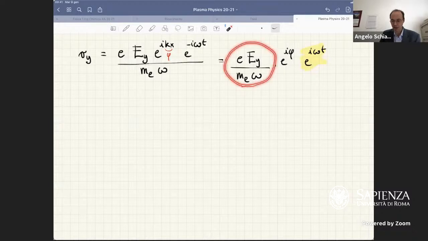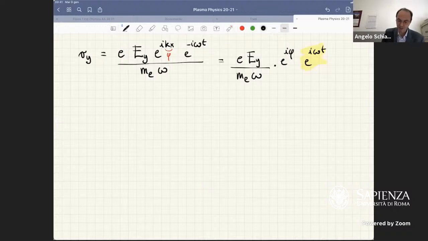So the maximum oscillation is going to be the modulus of the quivering velocity. And so this is the V quivering, the characteristic amplitude of this oscillation for the velocity.